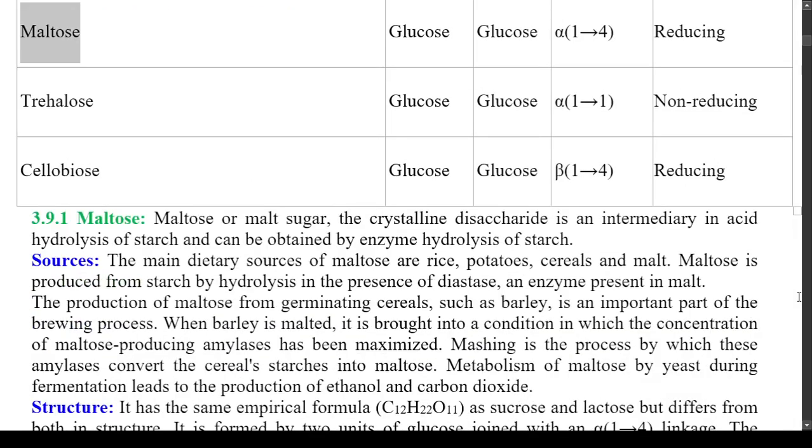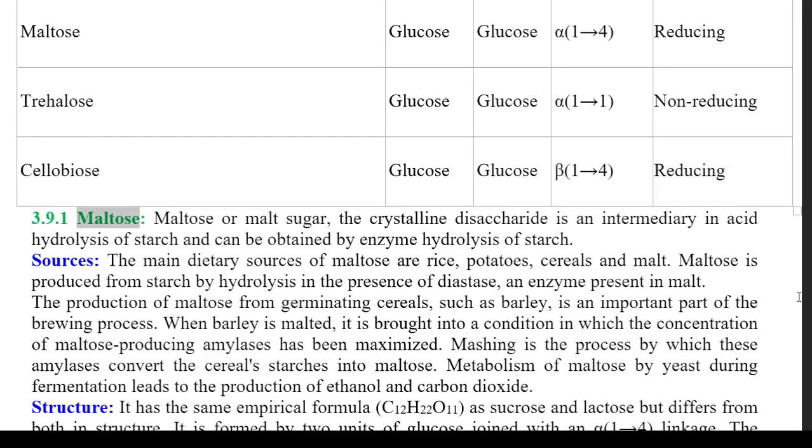Maltose: glucose, glucose, alpha 1→4, reducing. Trehalose: glucose, glucose, alpha 1→1, non-reducing. Cellobiose: glucose, glucose, beta 1→4, reducing.